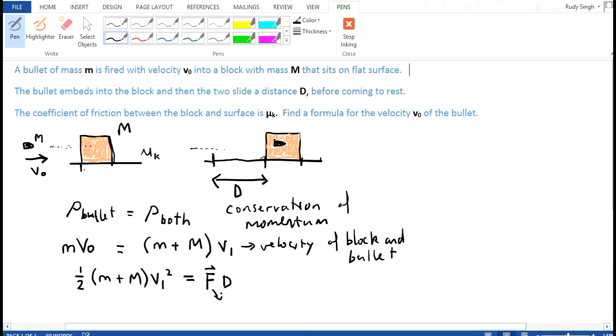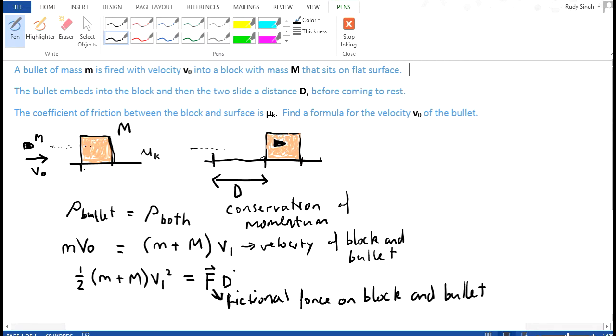So what is F? That's the frictional force on block and bullet. So this kinetic energy is equal to potential energy because of conservation of energy. No external energy is applied here.